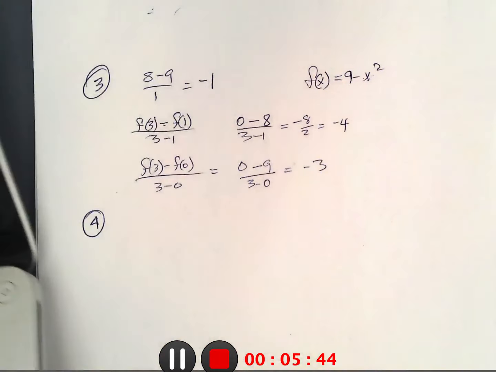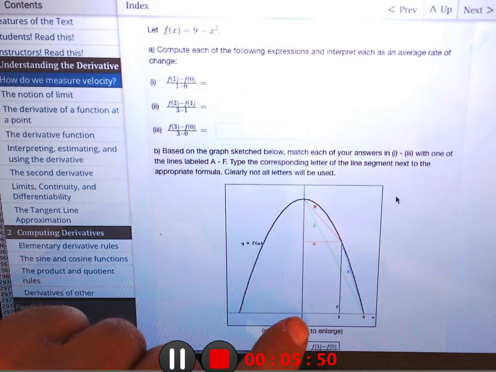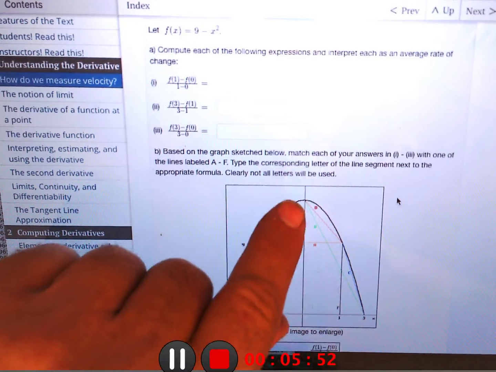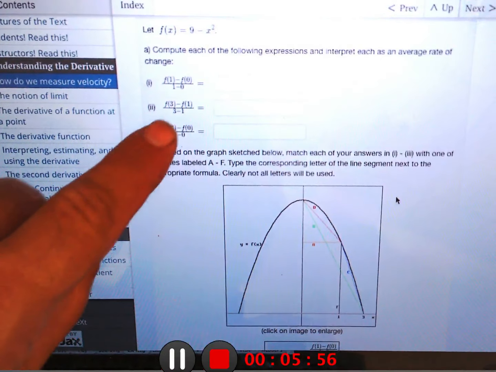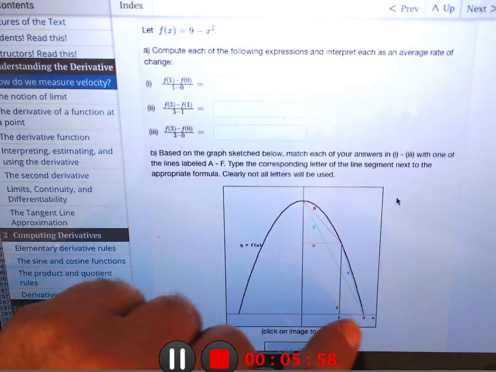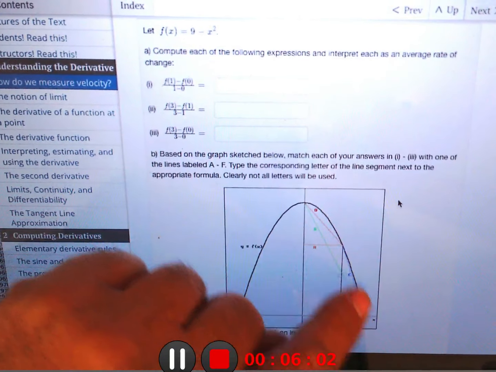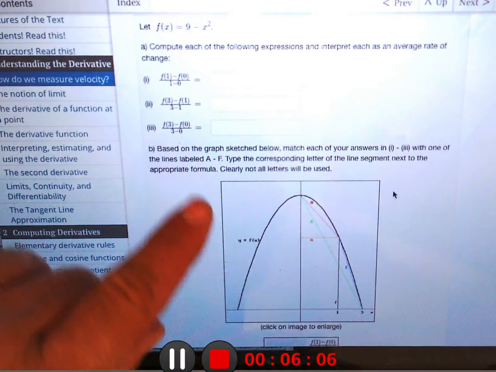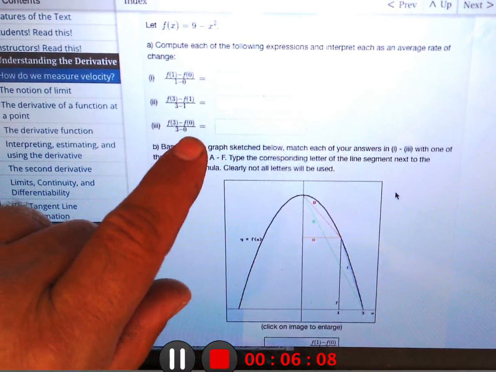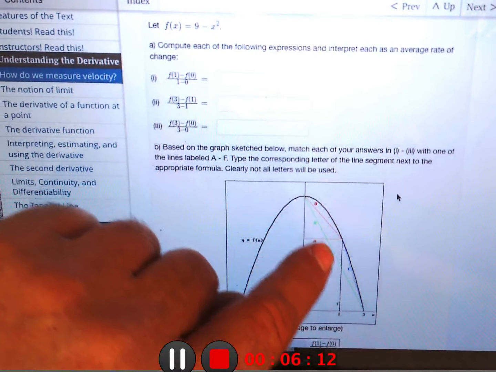The first one was from 0 to 1. 0 to 1, the slope would be the red D, put down here. From 1 to 3, the slope is this line, goes from this height to this height, which is C, the blue C. And the final one from 0 to 3 is D, the green one.